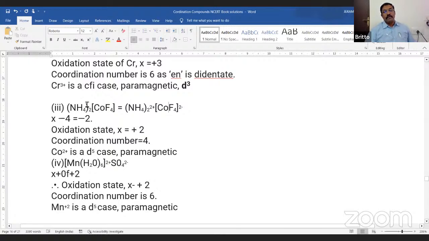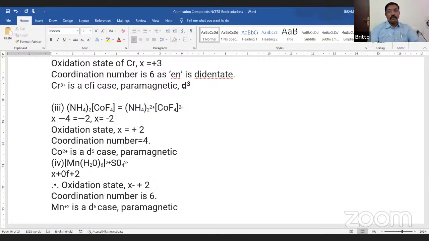There are 2 ammonium ions, positive ions, so the complex ion should be -2. So we have cobalt x, and the fluoride ligand has -1, so 4 into -1 is -4. The overall charge of the complex is -2.